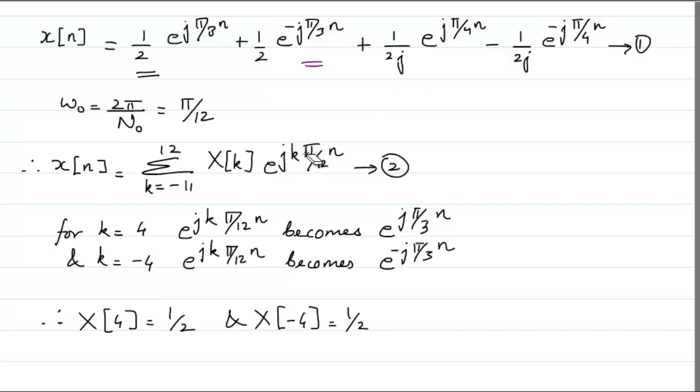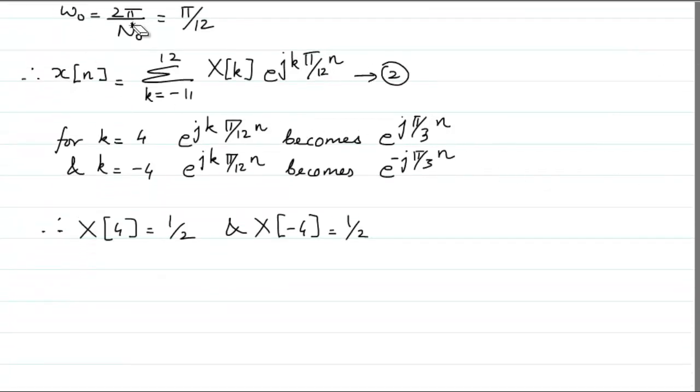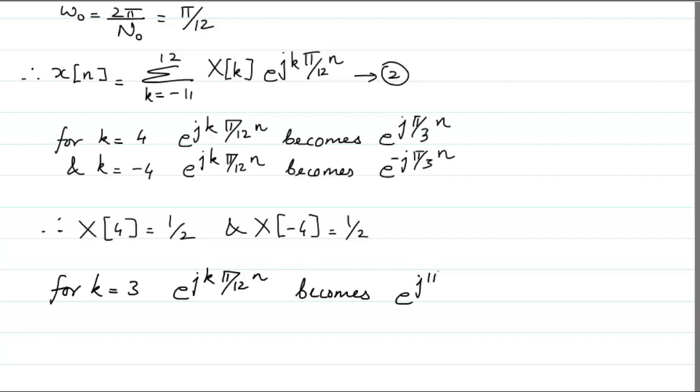here I will get 3 into pi by 12 as pi by 4, which is basically this value. So similarly, for k is equal to 3, e raised to power j k pi by 12 n becomes e raised to power j pi by 4n.